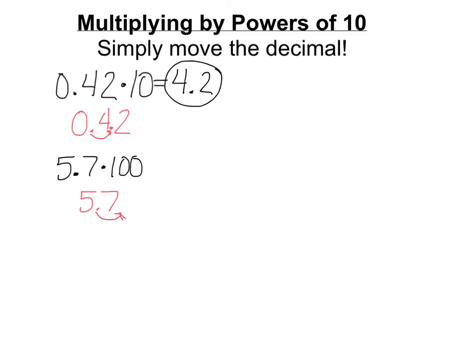I need to move it a second time. So there's my new decimal. This empty space then gets filled with a 0. So my answer to 5.7 times 100 is 570.